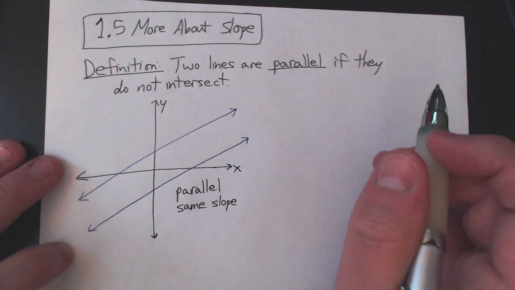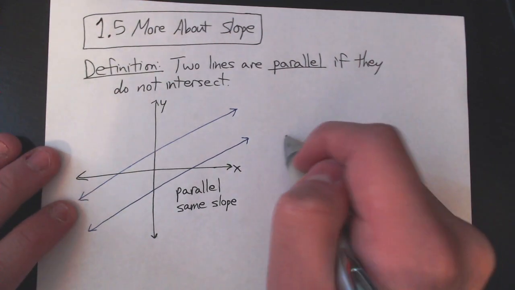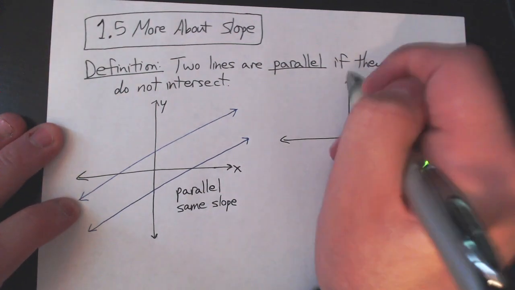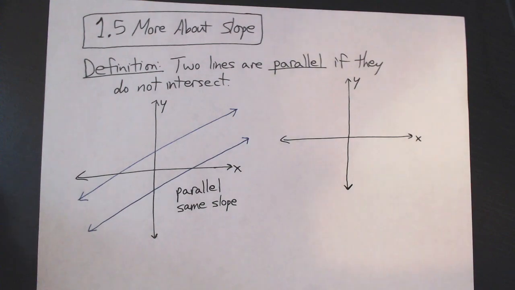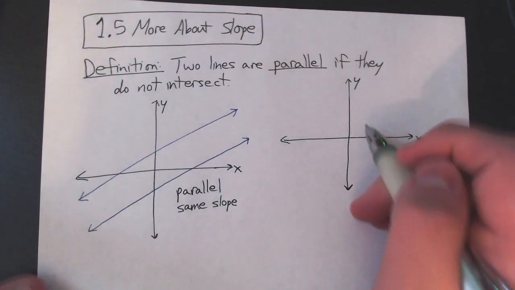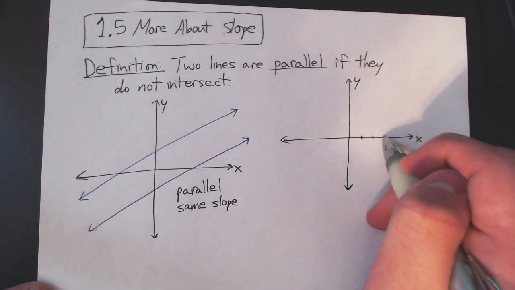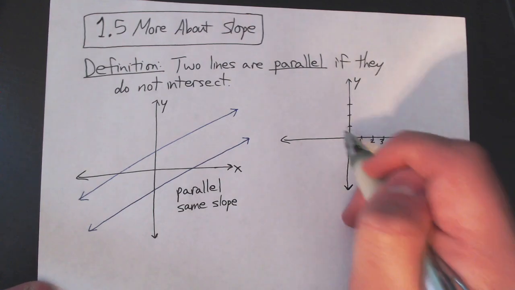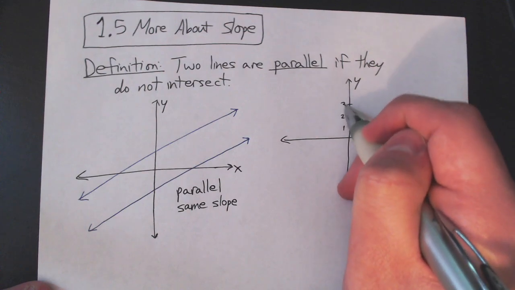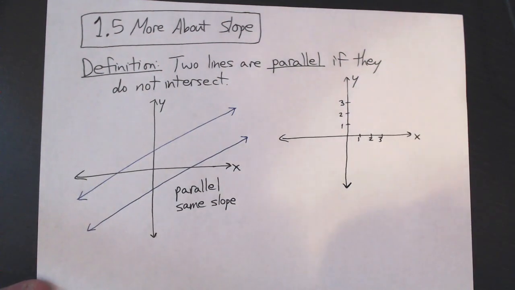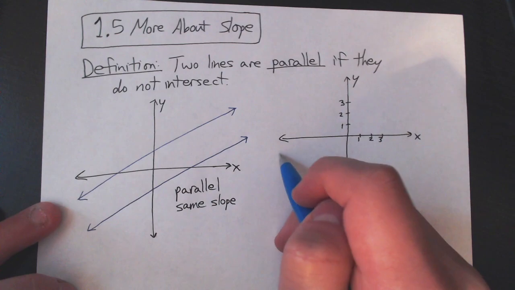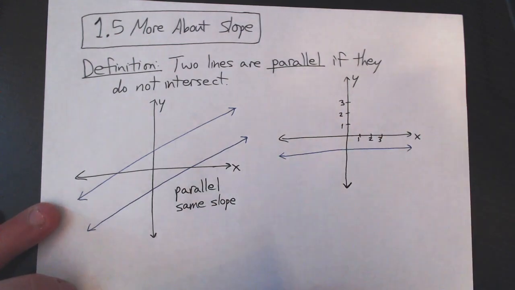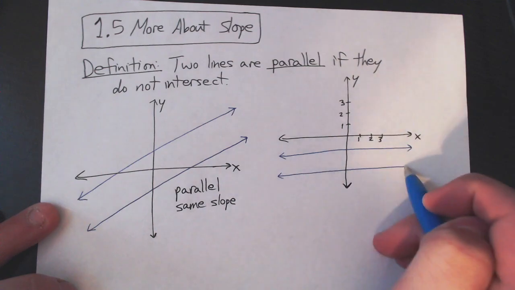Another example of parallel lines, making a smaller picture up here. There's another XY plane. Maybe this one I will label some things for scale, like 1, 2, 3. 1, 2, 3. How about if we had this line and this line?